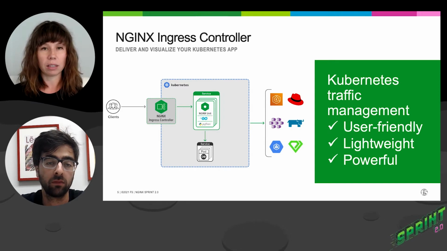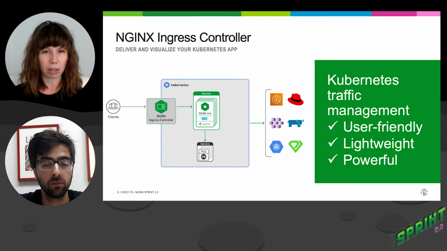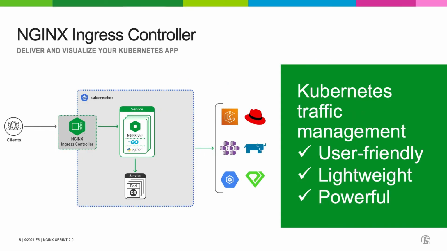Amir, again, tell the viewers a bit about what they can expect from NGINX Ingress Controller. Right. So the NGINX Ingress Controller is really, really important. One thing that it provides is giving you the ability to make your backend applications publicly accessible so that anybody from around the world can connect to your applications.